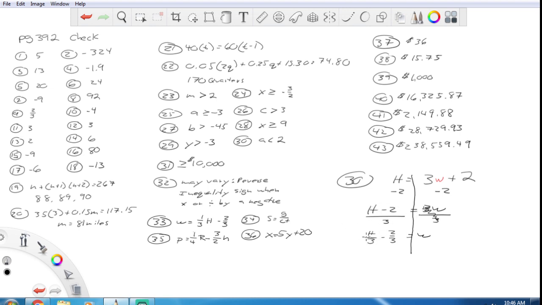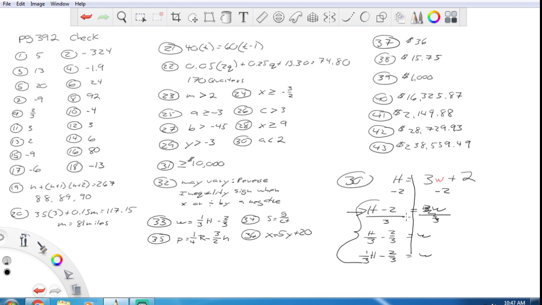when you're dividing by 3, it's the same thing as multiplying by a third, so you can have 1/3 H minus 2/3 equals W. So really, any one of these three is technically a correct answer. Honestly, this is probably the one I like. This is the one your book liked, so that's what I put.